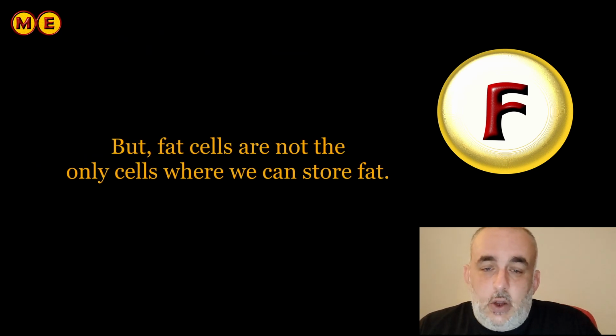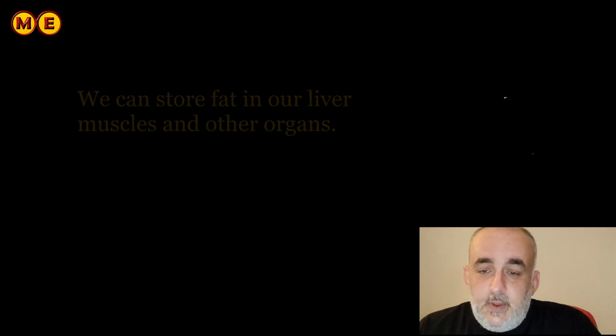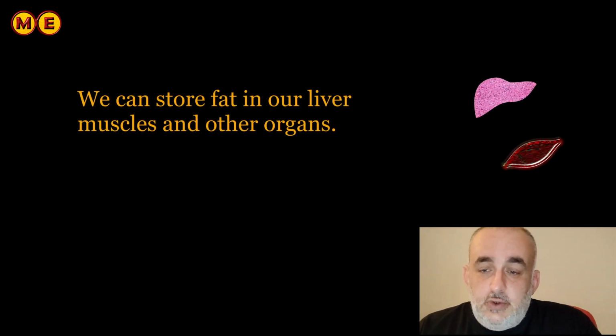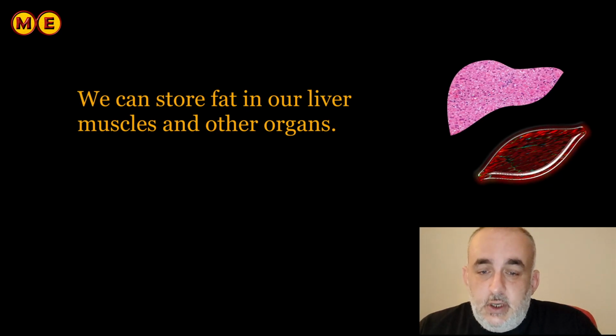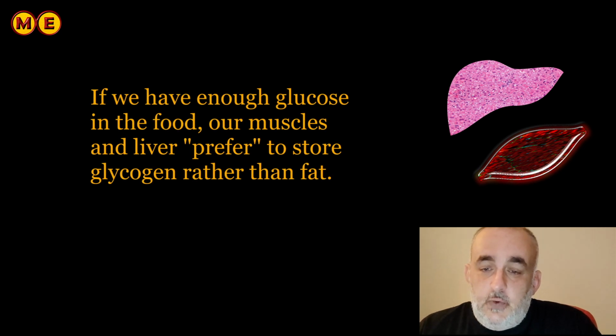But fat cells are not the only cells where we can store fat. The same way we store glycogen in the muscles and organs, we can also store fat there. However, this usually happens when we don't have glucose available. Normally, if we have enough glucose in the food, our muscles and liver prefer to store glycogen rather than fat.